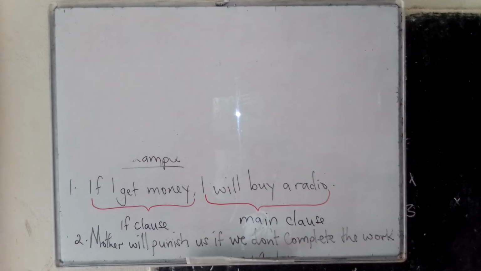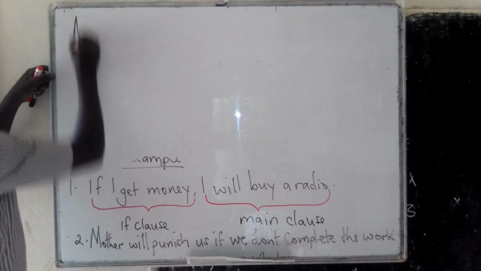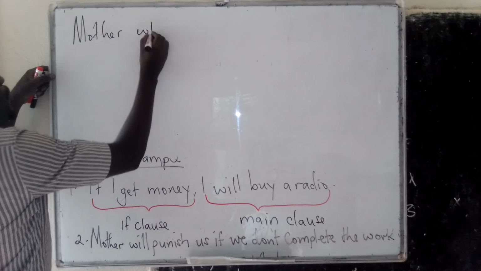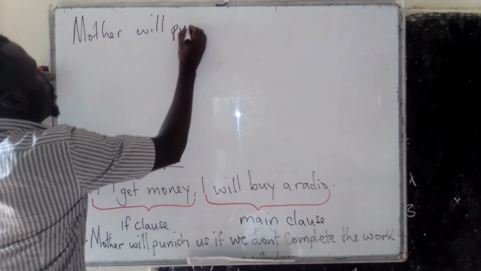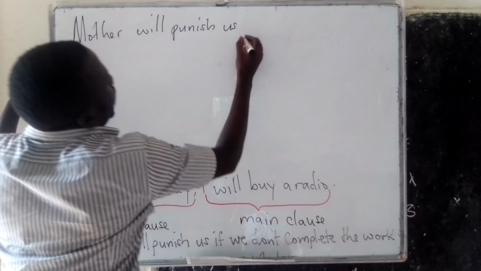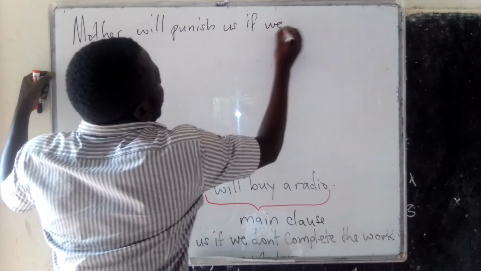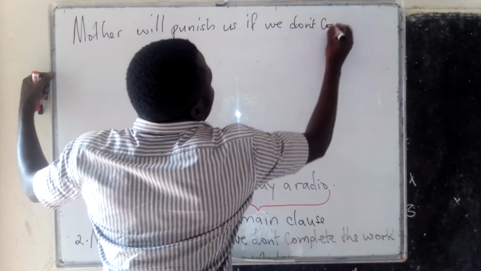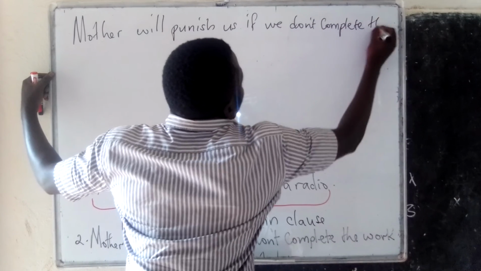We have our sentence down. The same sentence I'm writing here: Mother will punish us if we don't complete the work.